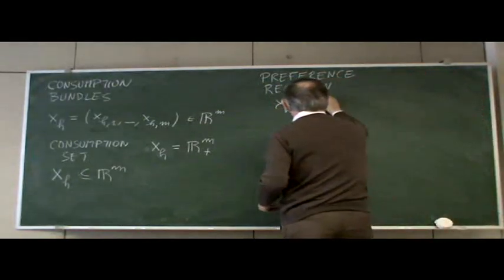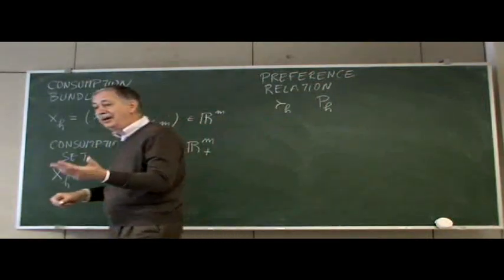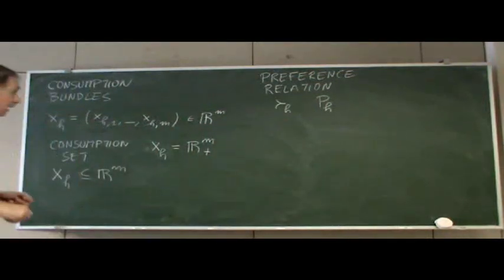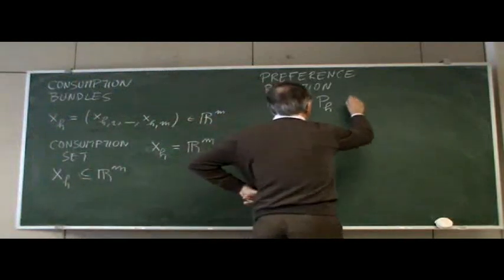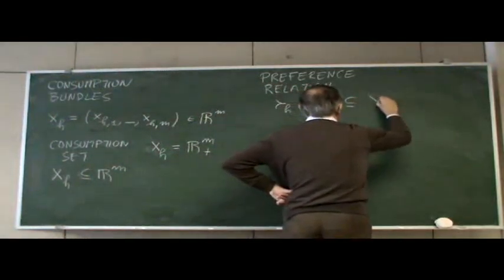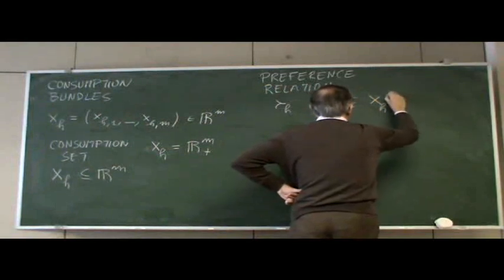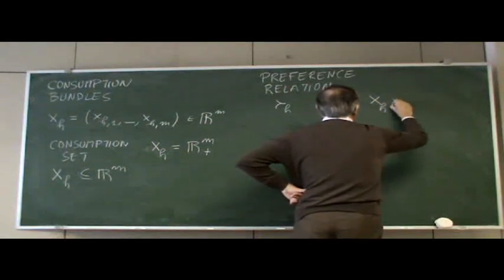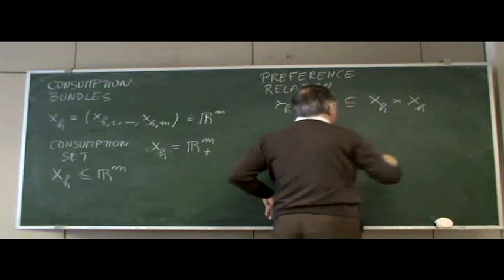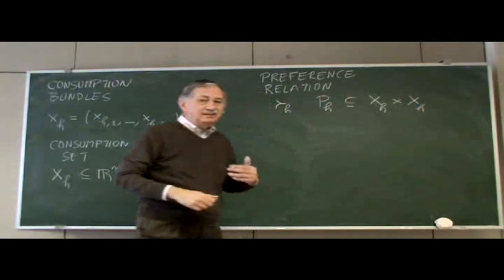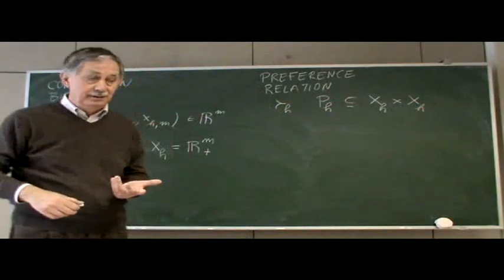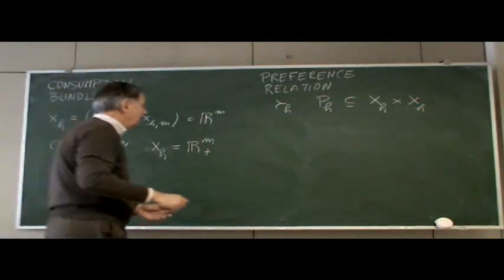I shall denote in my notes this relation with PH, preferred by the subject H. From a mathematical point of view, PH is a subset of the consumption set times the same consumption set. This means that PH is a set of pairs of consumption bundles.